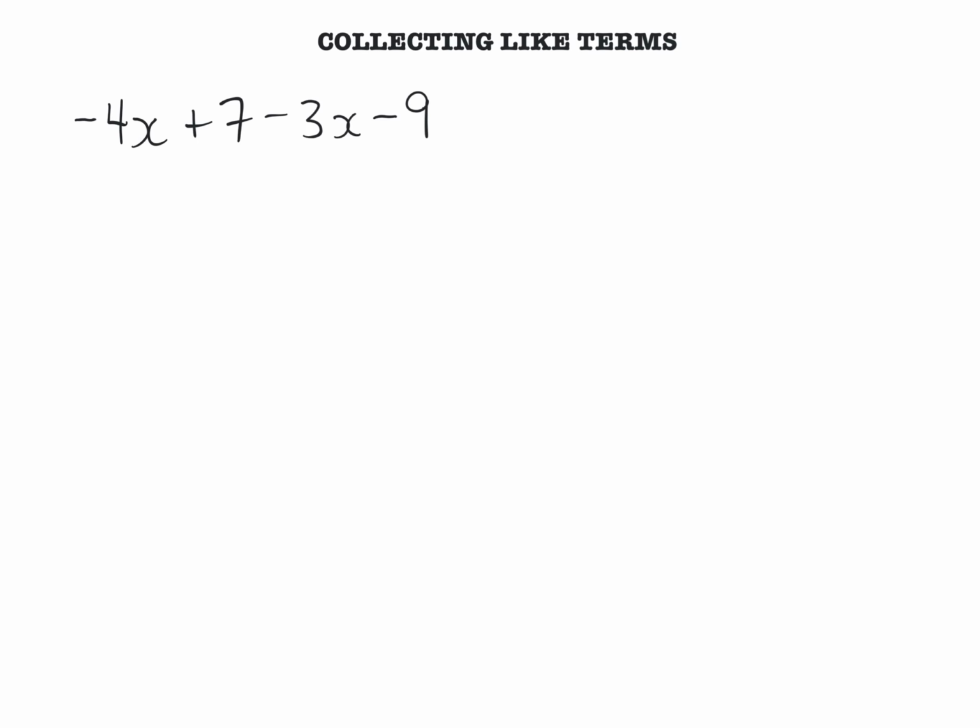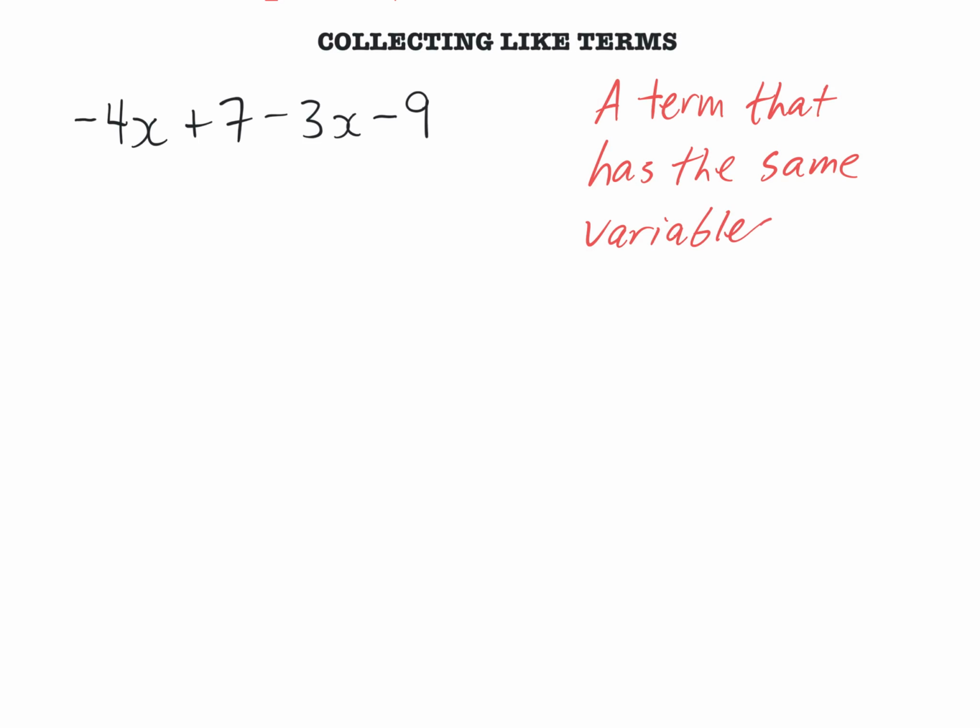First of all, a like term is a term that has the same variables and exponents. So in this question here, it has to have the same variable and exponent.